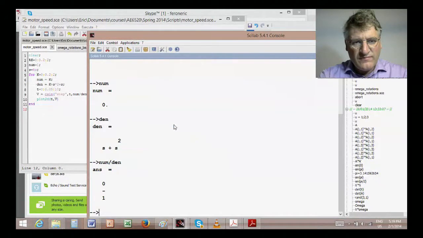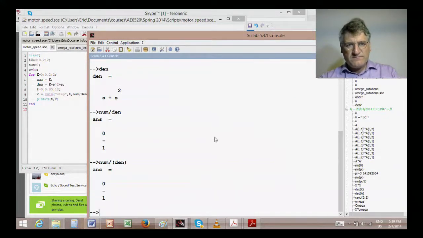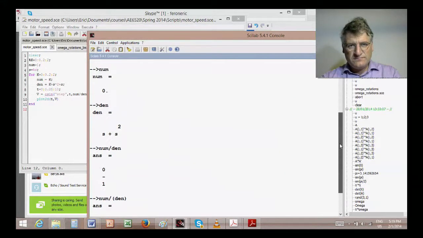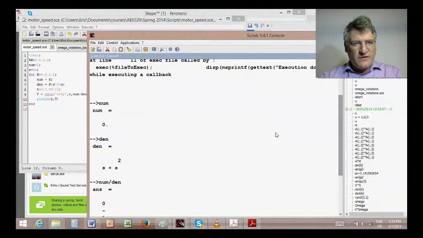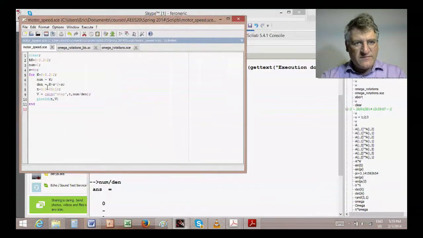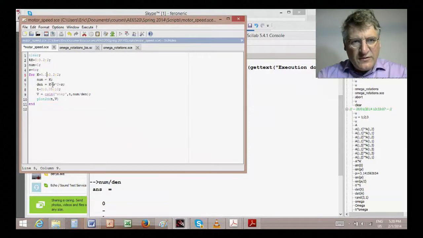Something is wrong. The numerator is 0. Okay, so that's not correct. So we're going to crank up the gain a little bit. 0.1.